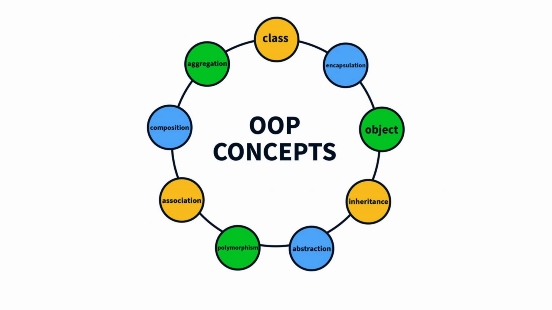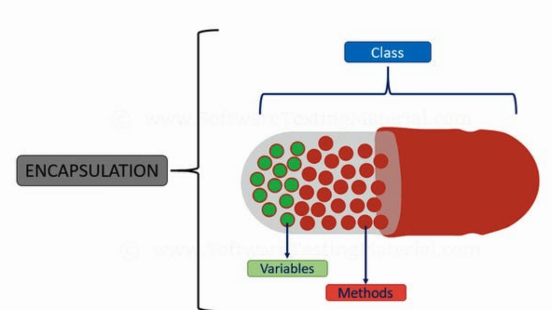So now it is time to discuss the 4 pillars of object-oriented programming. The 4 pillars of object-oriented programming are encapsulation, abstraction, inheritance, and polymorphism. These principles provide a framework for building and managing complex software systems. So now it is time to discuss the first pillar, encapsulation.